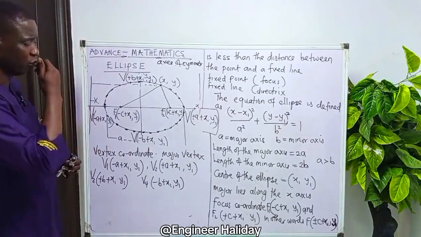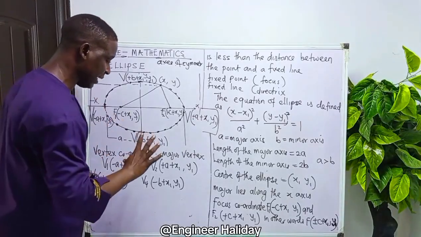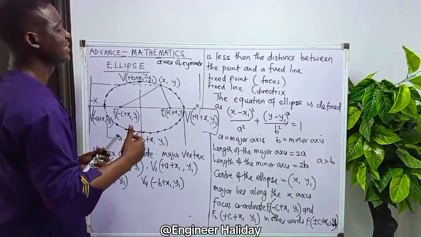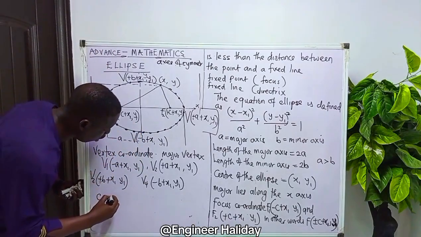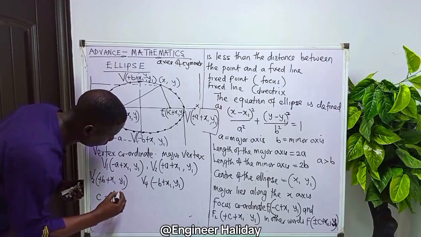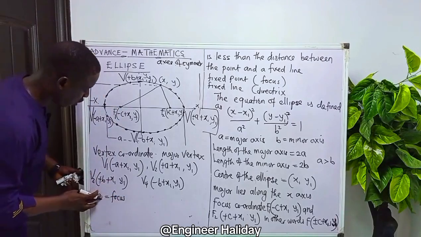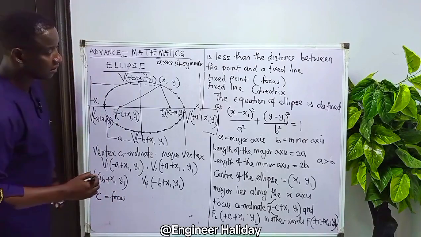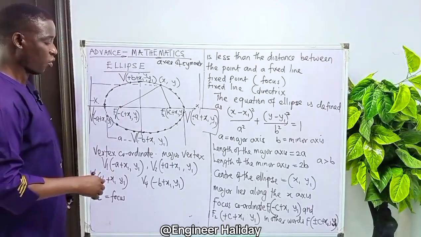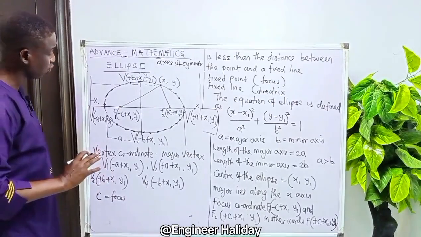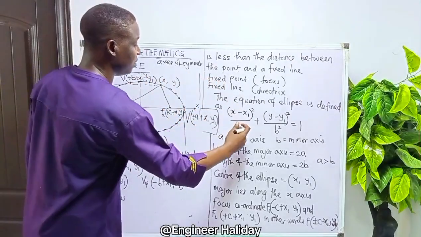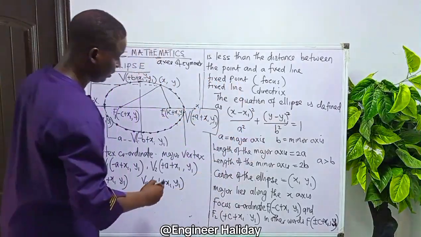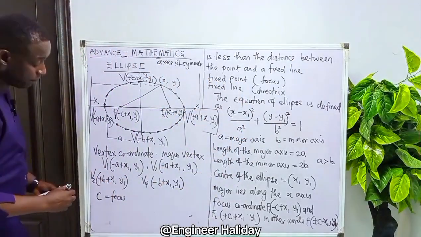Then another thing we need to comprehend here is the relationship between what we call c. C is called the focus, the focus axis. Now this focus has a relationship with your major and minor.